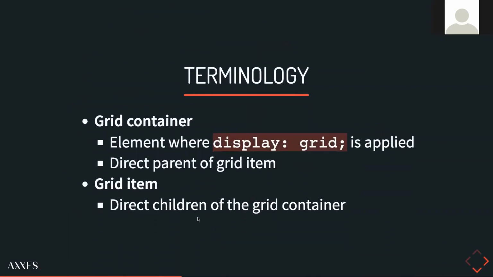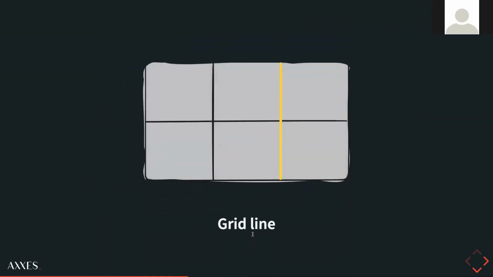A bit of terminology, so when I speak, we're all on the same page. Grid container, just a container, and then the grid item, just like Flexbox, where you have a flex container and a flex item. This should be clear by now. Then in grids, grid line.